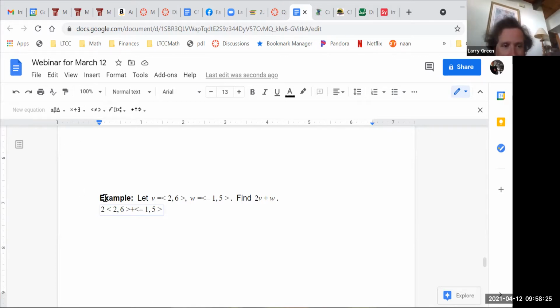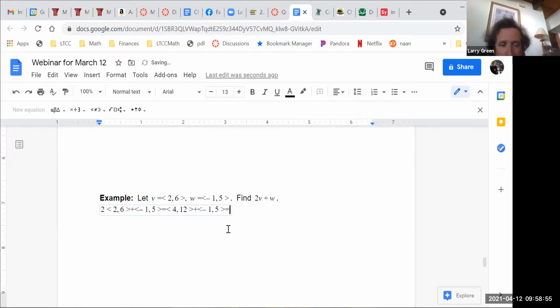Okay, good, good. So you just do what you expect to do. If you multiply a constant, sometimes we call that a scalar, times a vector, you're multiplying each of the components by that scalar. So that is equal to, it might be painful, but I'm going to do every step, 4 comma 12, and then plus -1 comma 5.